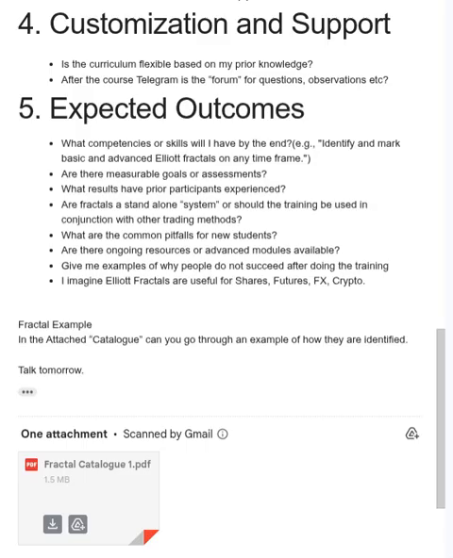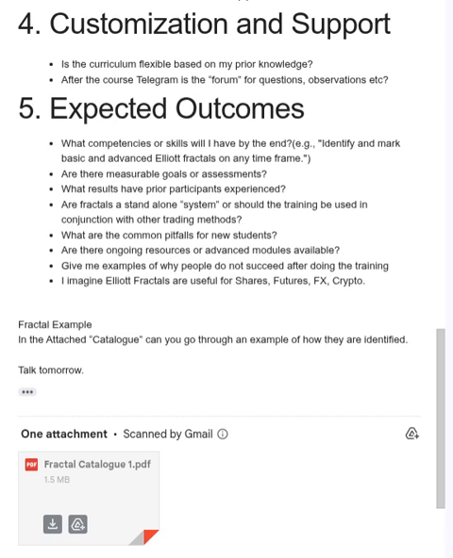What skills will we have at the end? Okay, you'll be able to identify the fractals, and you can find them on any market, any time frame. You'll get to a point where you get up in the morning and you can do a 3-minute setup.